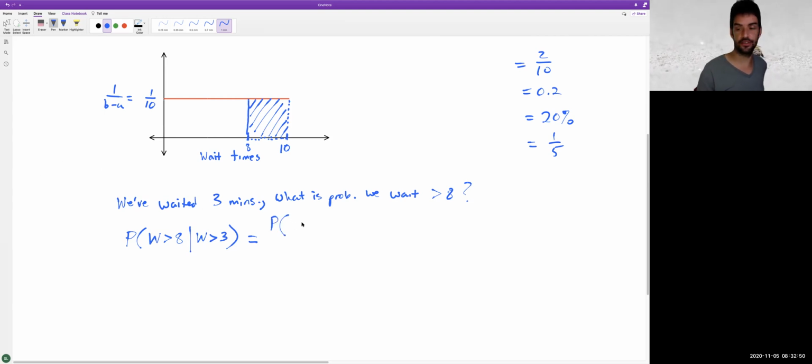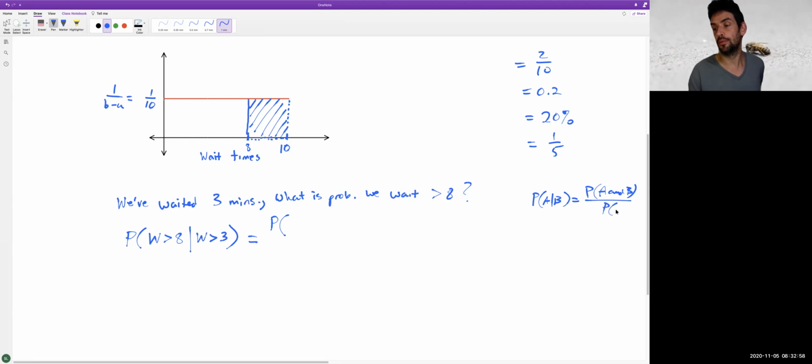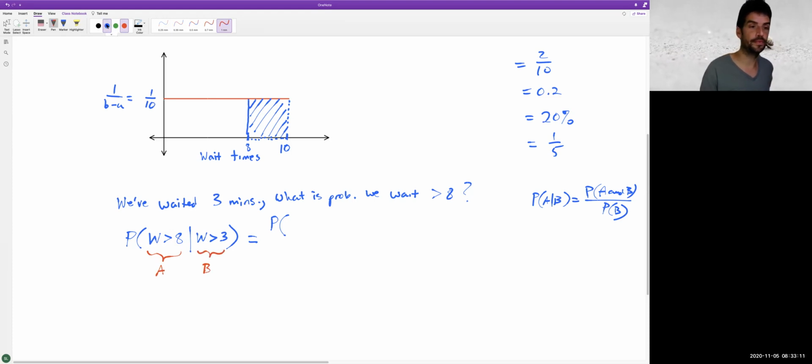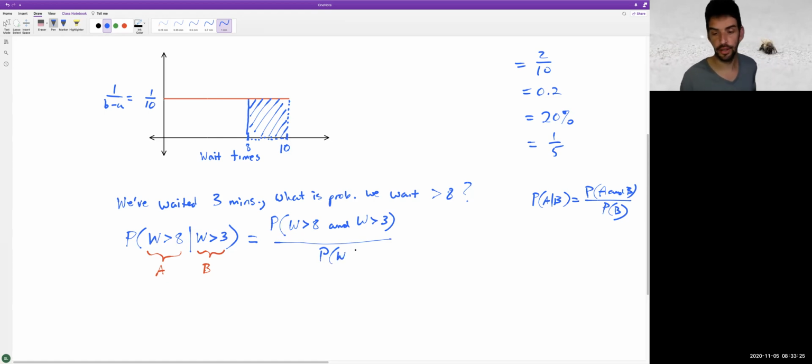There's a formula that tells us the probability of A given B is the probability of A and B over the probability of B, right? That's one definition of conditional probability. And so in this case, this is like my A, this is like my B. So this is the probability that W is greater than 8 and W is greater than 3, divided by the probability that W is greater than 3.